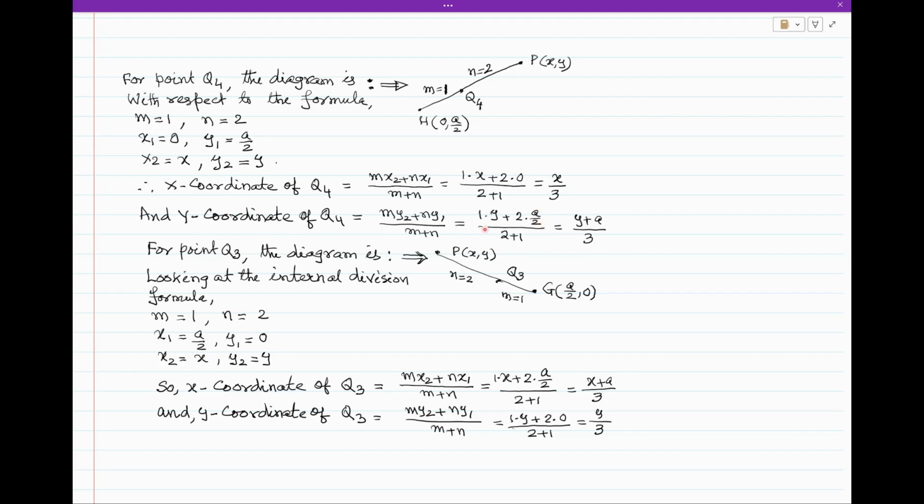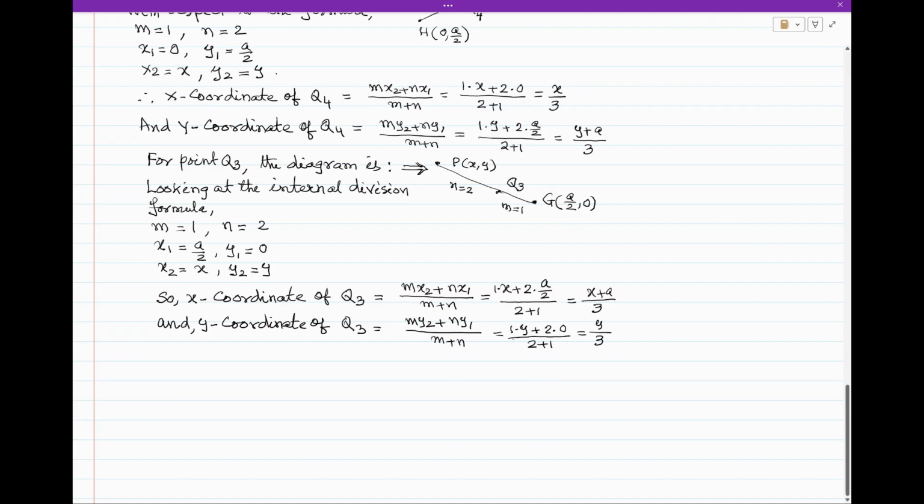Therefore, we get (1 times y plus 2 times a by 2) divided by (2 plus 1), and therefore the y coordinate becomes (y plus a) divided by 3. So the coordinates of point Q4 are x by 3 and (y plus a) by 3.